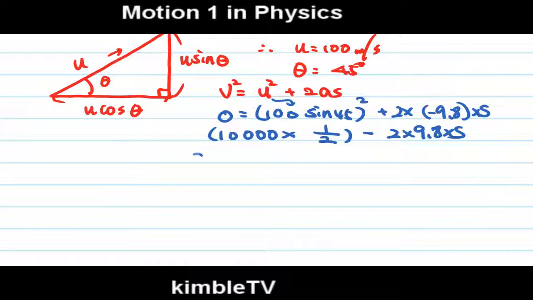Therefore, s equals 5,000 divided by 2 times 9.8. I will calculate with scientific calculator. 5,000 divided by 2 divided by 9.8 equals 255 meters.